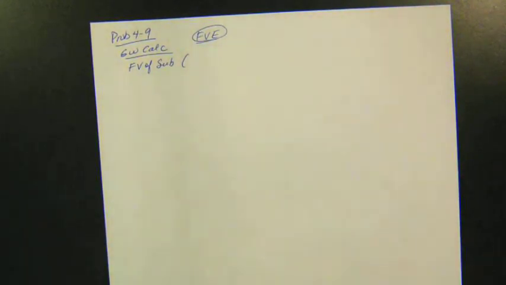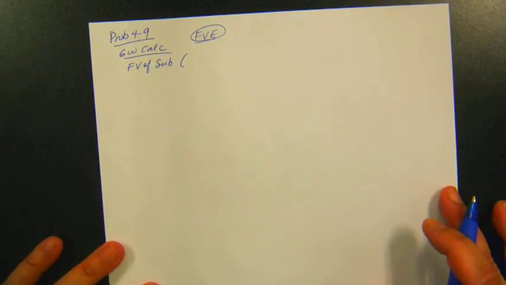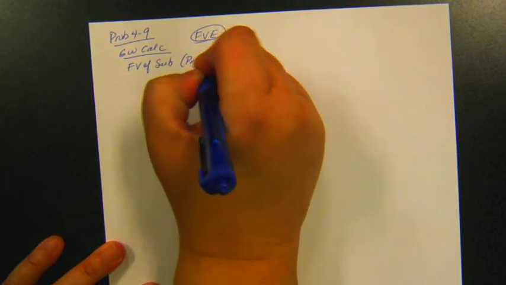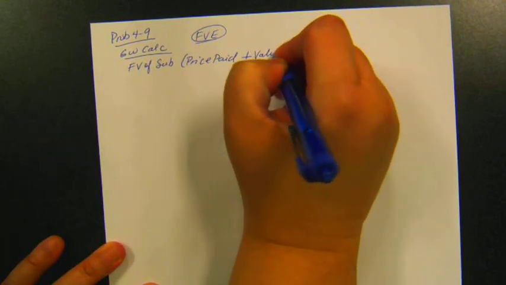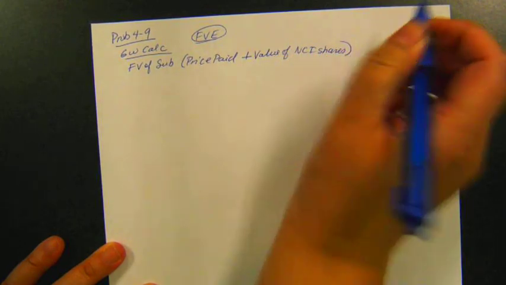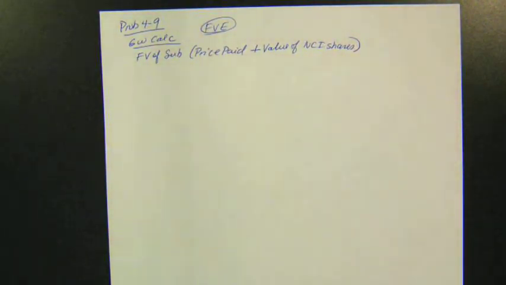And for the whole rest of the book, all the other chapters are never going to mention INA again. We're just going to use FVE. Okay, so the fair value of the sub, we're going to take implied value. I'm sorry, the price paid. Take that back. Price paid plus value of the NCI shares. Okay? So that's what we're going to start with.